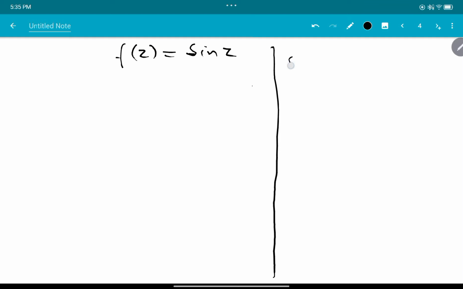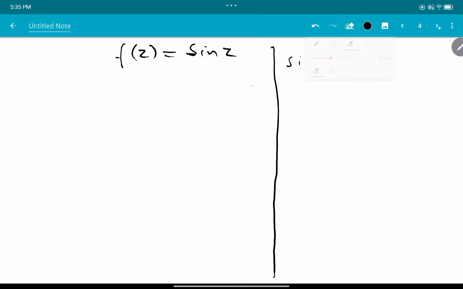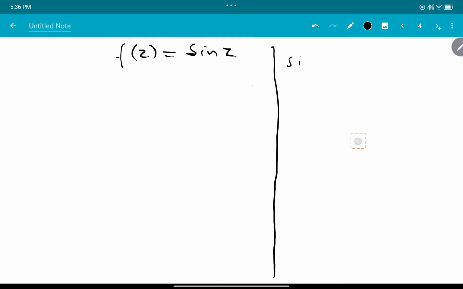I have first the hyperbolic sine, sinh. We call it hyperbolic sine, or sometimes shine x. Whether you call it hyperbolic sine or shine x does not matter; you are free to choose.